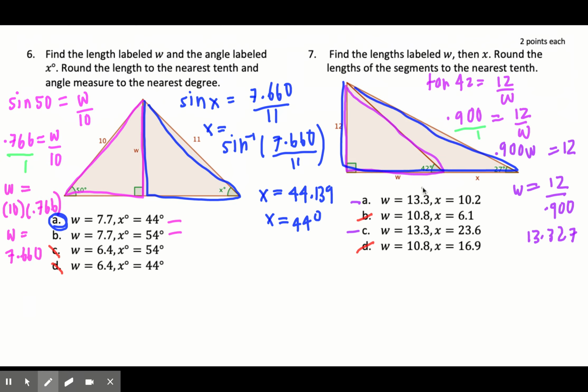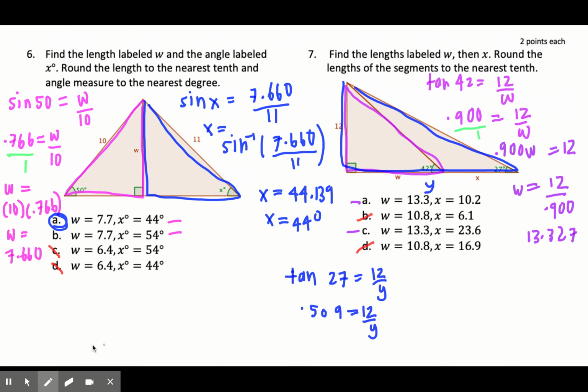And then let's label this big length y, and then we'll subtract later to find x. So this is also tangent. So tangent of 27 equals opposite over adjacent. So tangent of 27 equals 0.509.